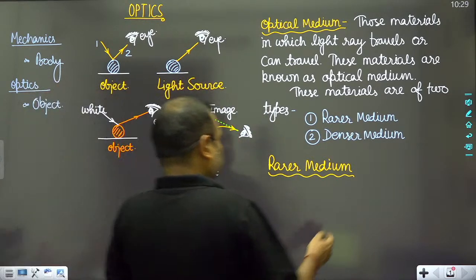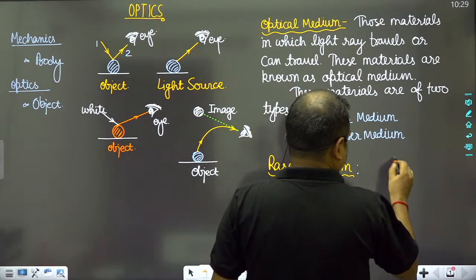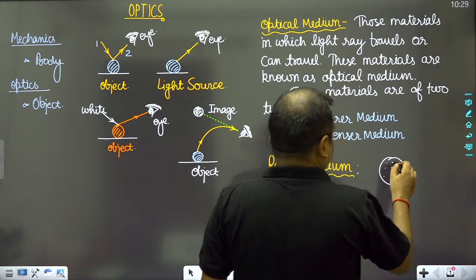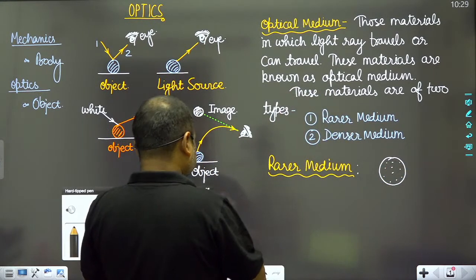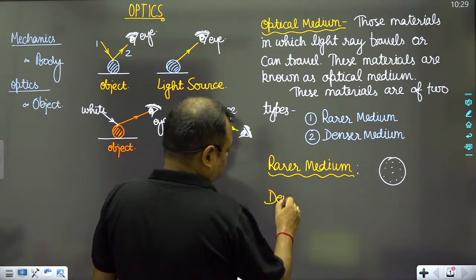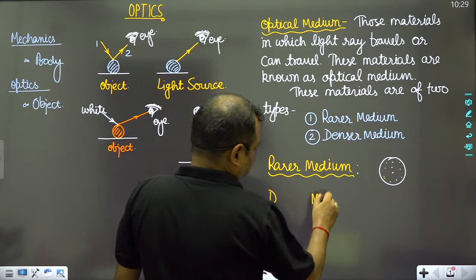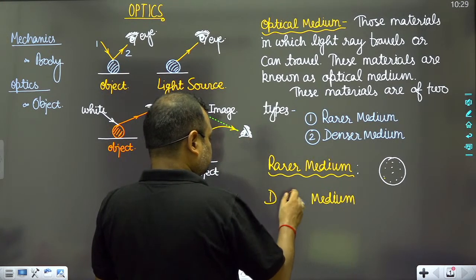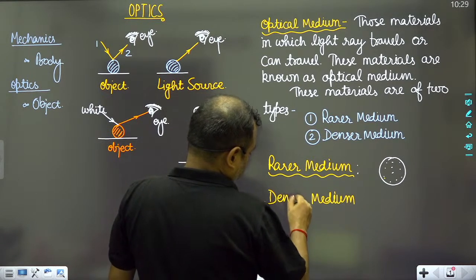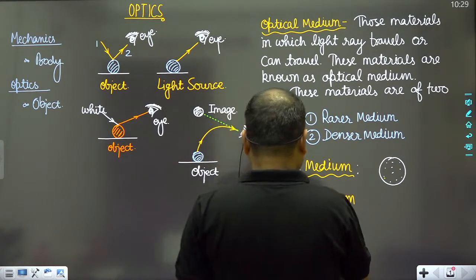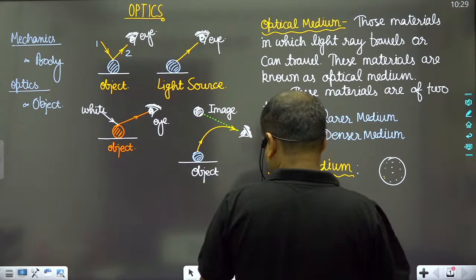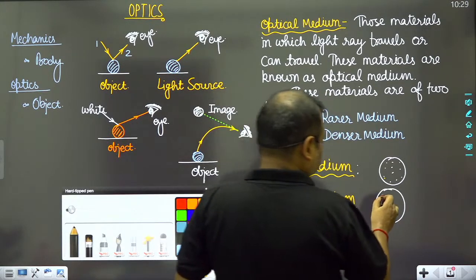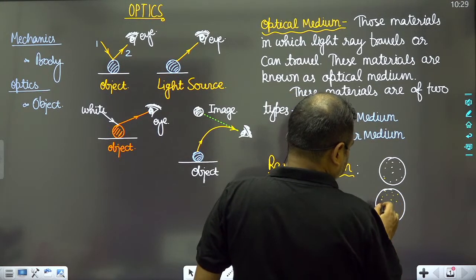So we can say that in a rarer medium, the medium particles are far away from each other. But in case of a denser medium, the medium particles are very close to each other.